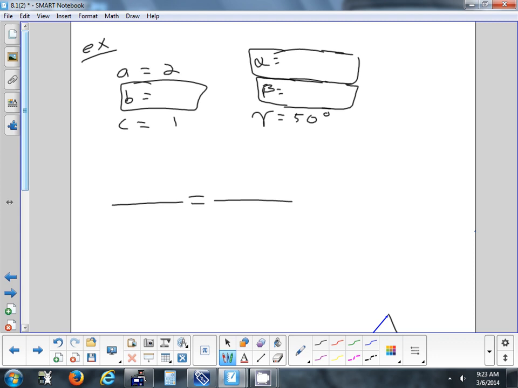What would be my proportion to find alpha? Yep, sine 50 over 1 equals sine alpha over 2. Well, dividing by 1 on the left-hand side, we don't have to worry about that.